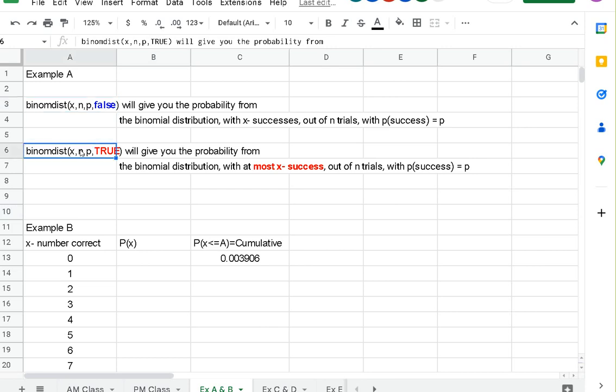Now there's really 2 commands, and I'll illustrate the second one in example B. But in example A, we're just going to get familiar with this command. I would suggest that you use the first command pretty much exclusively. It's up to you how comfortable you are using the second command. The difference is that one's going to be cumulative and one's not. But let's take a look at example A.